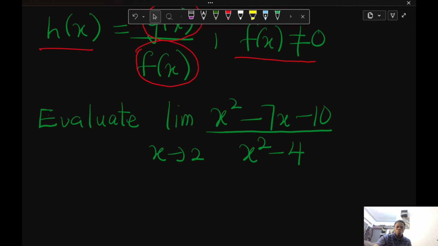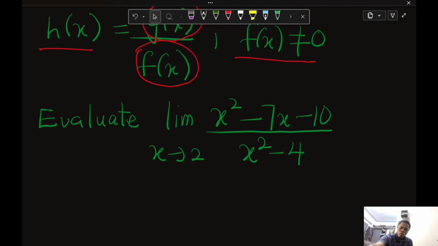If you put the value of x into the function and the denominator becomes 0, that method will never work. So you need to factorize, or work on the numerator and the denominator so that you can simplify it, so that when you put in the value of x, you'll get a defined value which will never render the given function undefined.